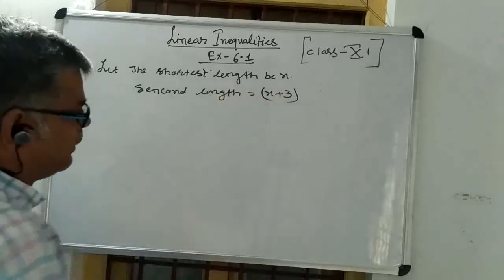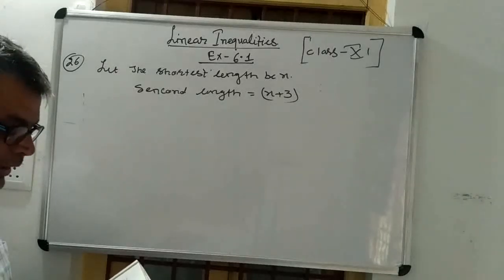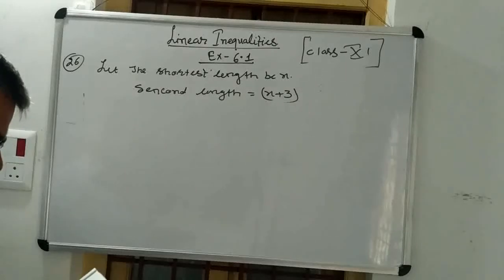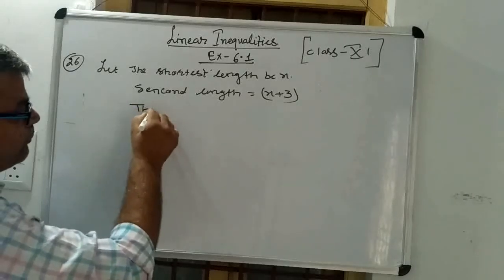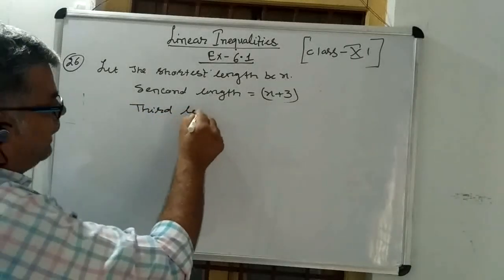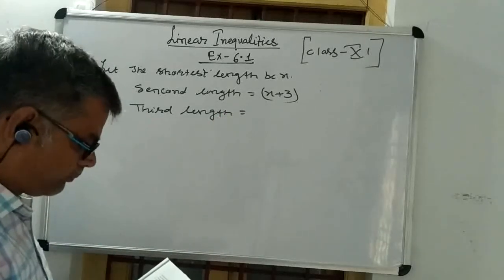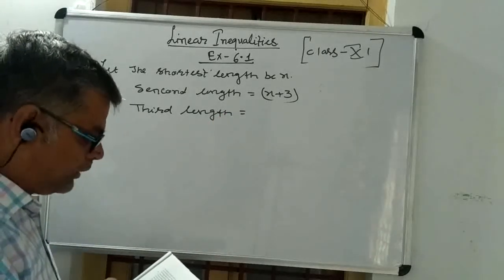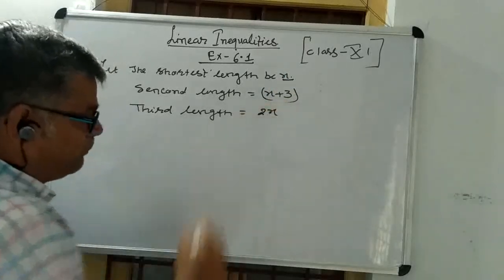The third length is to be twice as long as the shortest, so the third length will be 2x.